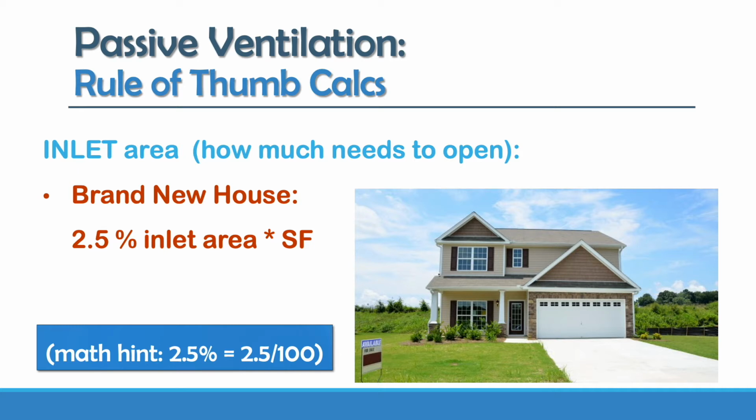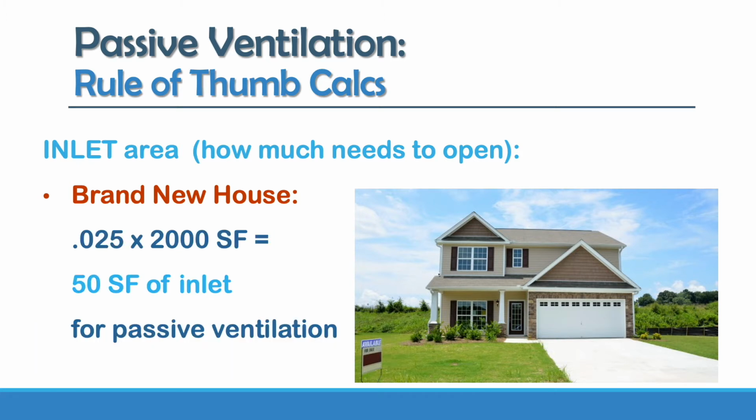So for a 2,000 square foot house, we would need 50 square feet of inlet to create passive ventilation. And of course, a multi-story house is going to be ideal.